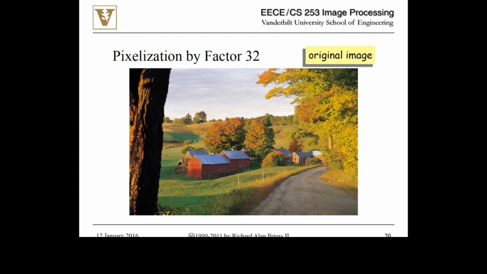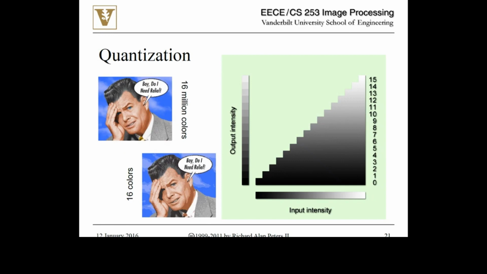Then quantization. Quantization is something we already know. Pixelization refers to the sampling in space. Quantization is the sampling in colors. There is a continuous variation of the intensity, and I cannot represent them all.